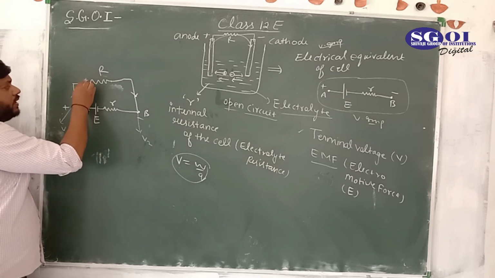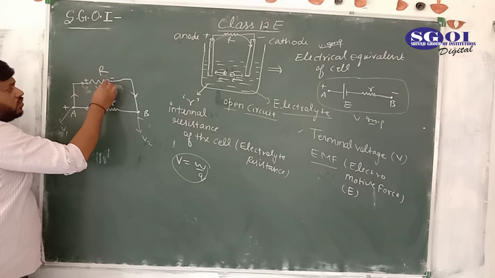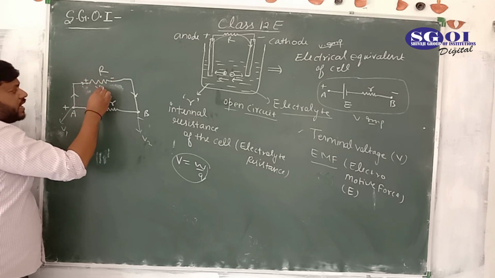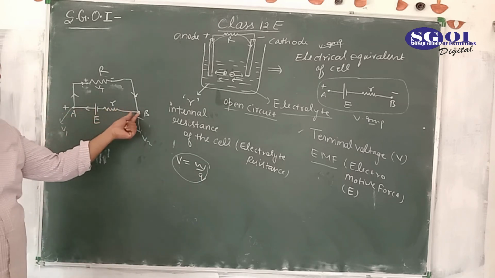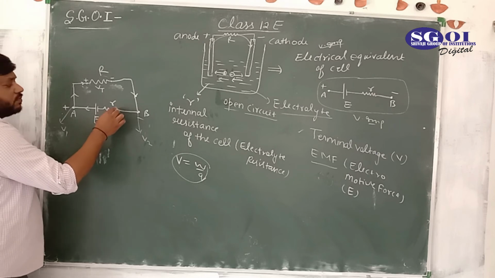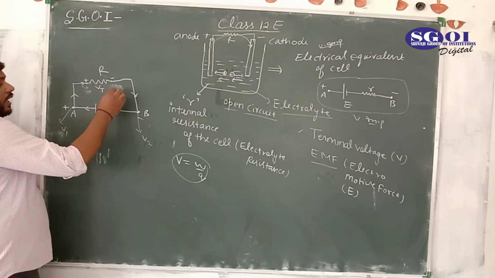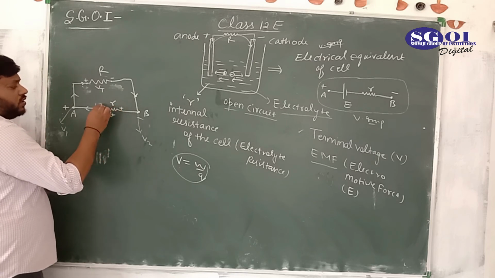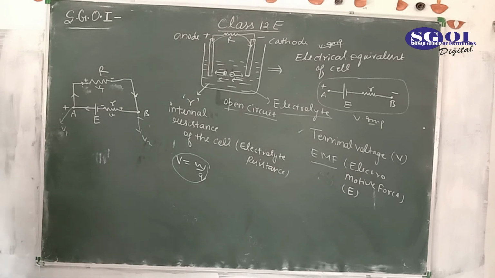This terminal would be high potential and this terminal low. The potential across this resistance is the terminal voltage VT, and this is E. The potential drop across the internal resistance is represented by small v. This term will be positive and this negative, because current is moving like this.